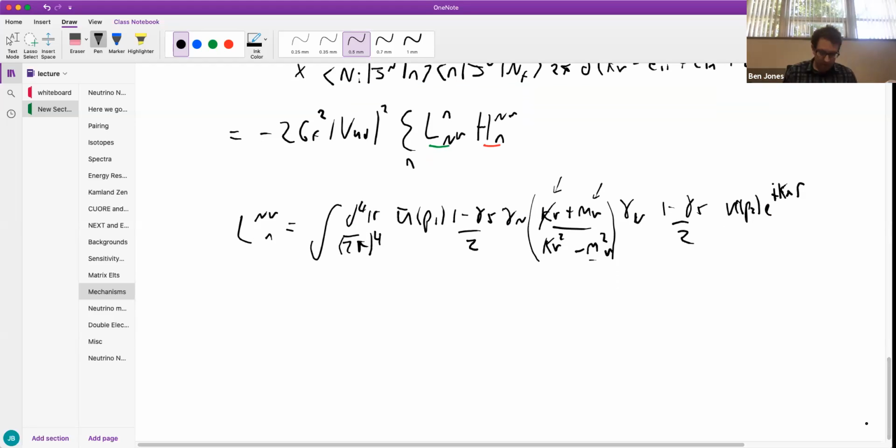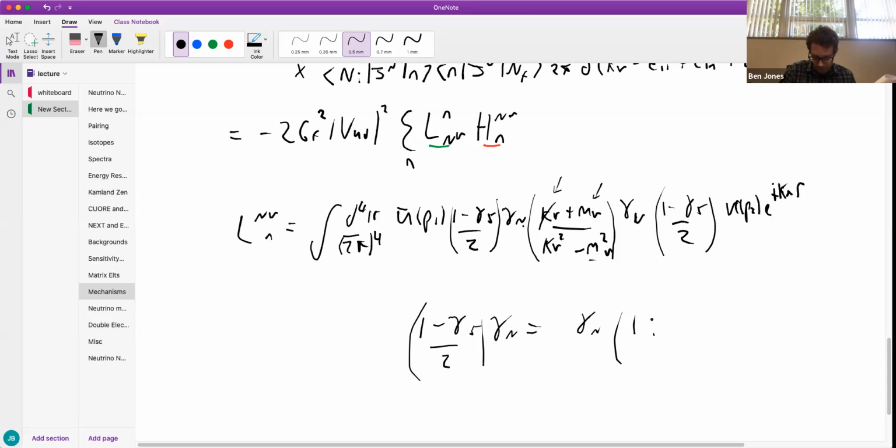Indeed, that is what happens, and the reason is you can think about commuting these projectors along here. Remember, when you commute a projector across a gamma matrix like this, you flip the sign of the gamma 5, because these anti-commute, whereas it commutes with 1.